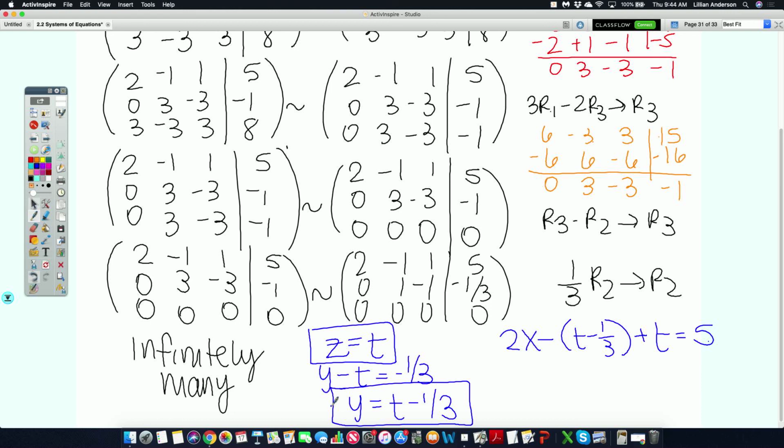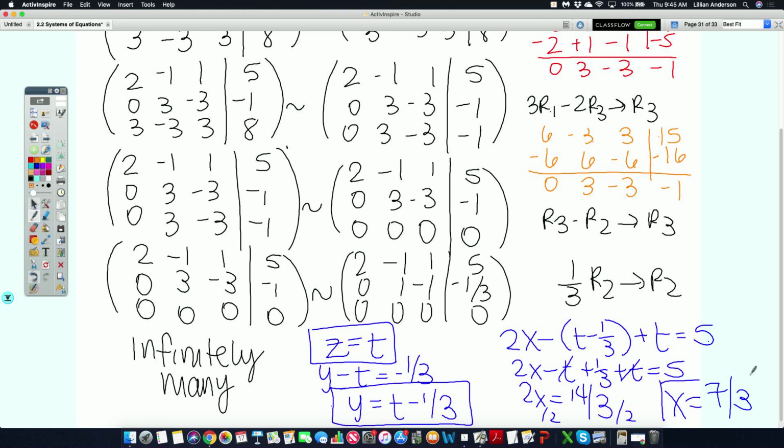The T's cancel out, and when I subtract the 1/3 over, that gives me 14/3. Then divide by 2, X is equal to 7/3.